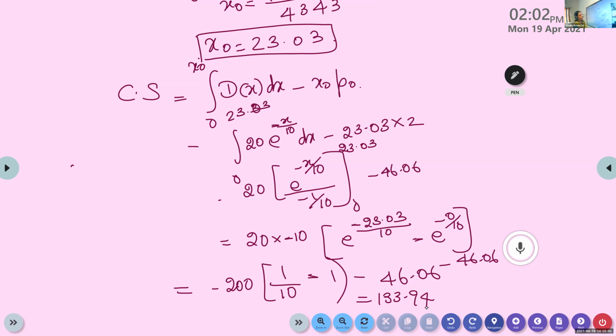The next problem we are going to do is a very important question. The next model question is very important. Write the question.